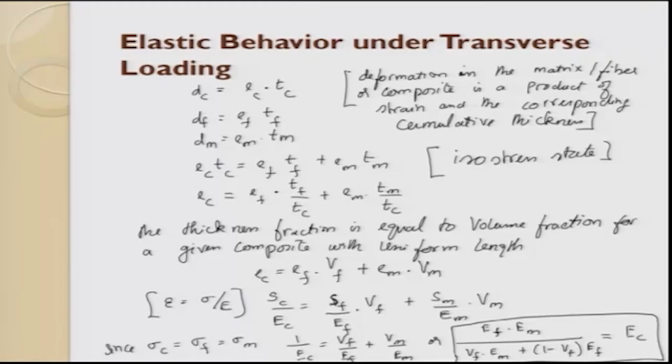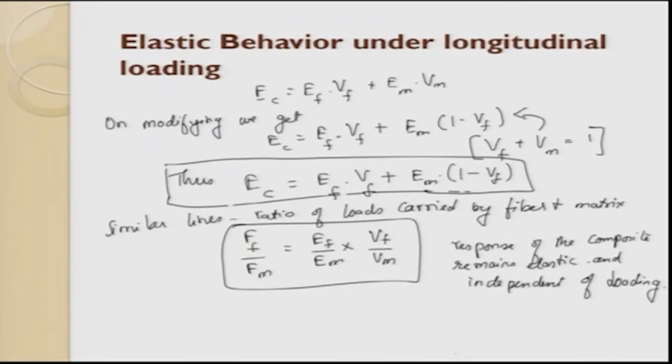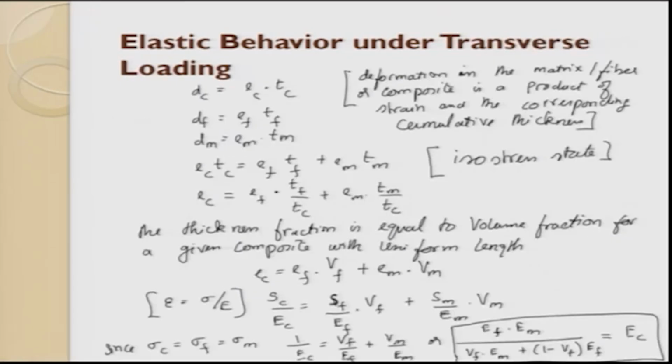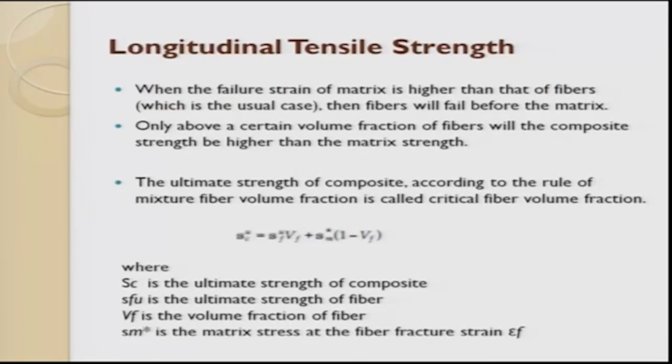So what did we see? We first saw the elastic behavior under longitudinal loading. Then we saw elastic behavior with respect to transverse loading. So the next topic of discussion is going to be longitudinal tensile strength. So generally what happens in a composite material, the failure mode is very complex.